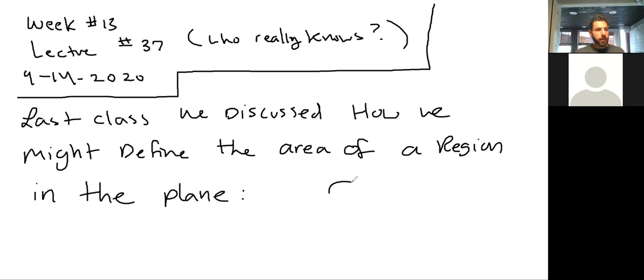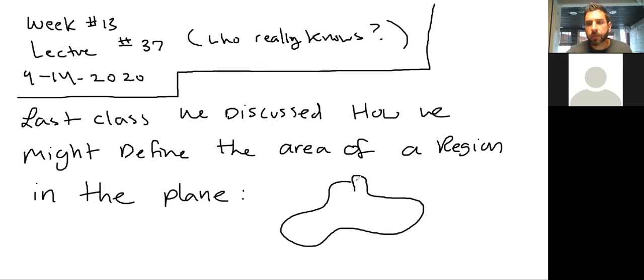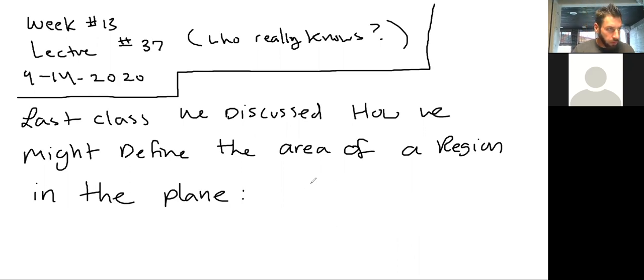So for example, if I just have some region like this, let's make that a little more ugly. Just some region that has a curved boundary.